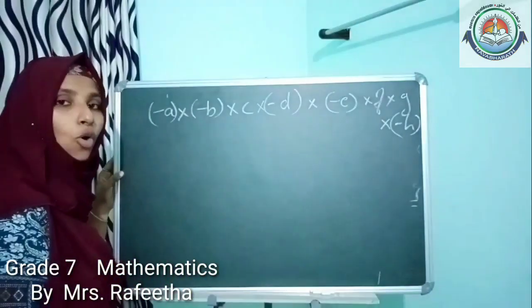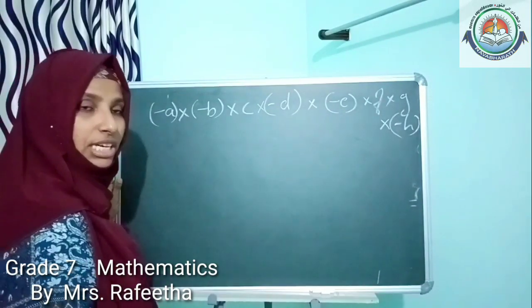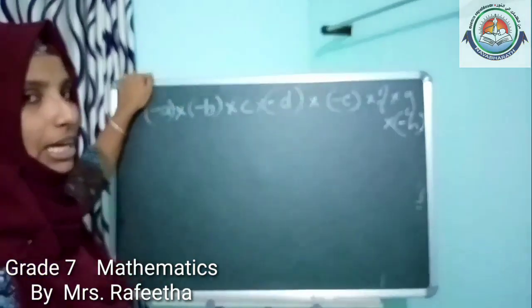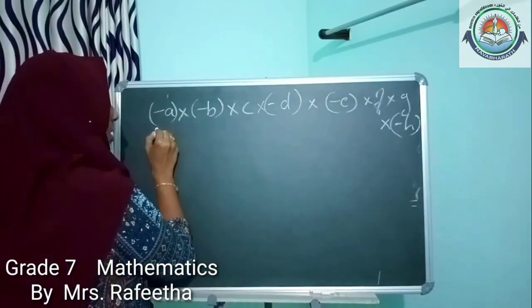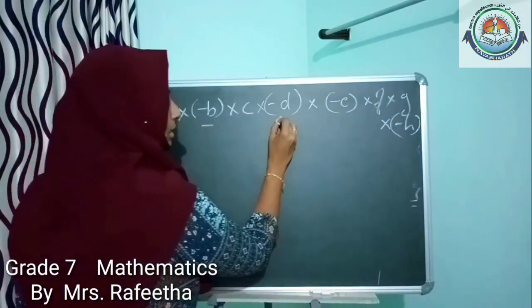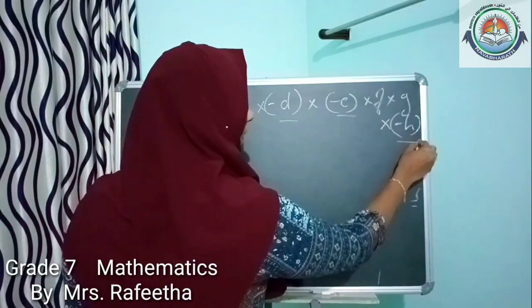Okay, here the integers are represented as variables. So how many negative variables are there here? 1, 2, 3, 4, 5.